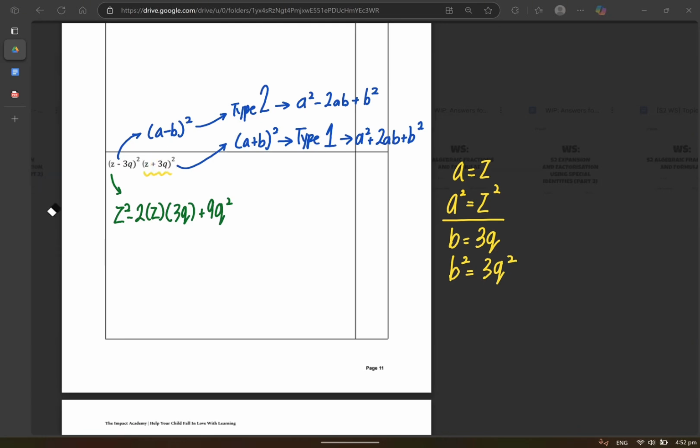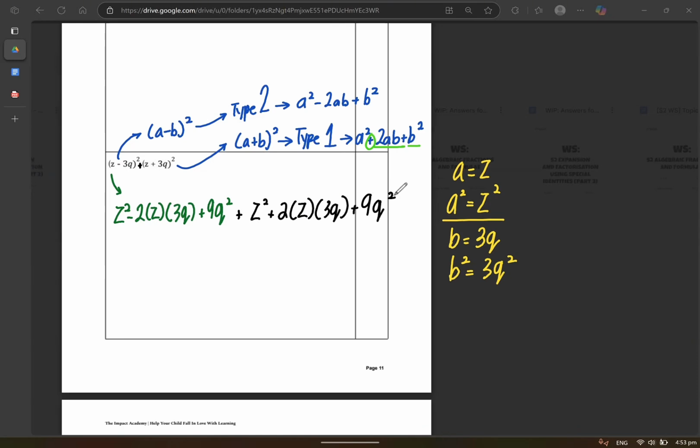That means my final outcome has to be plus. Got it? Over here, I believe there's a missing plus. Let's add in that missing plus. We want it to be z squared plus 2 bracket z bracket 3q plus 9q squared.